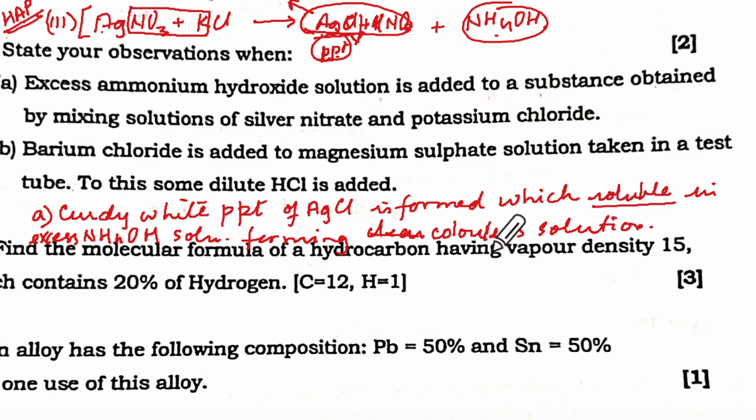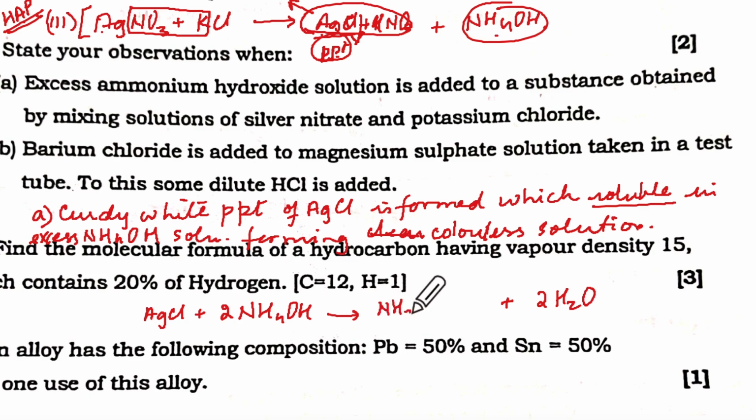Okay, and if they ask you for the reaction, it is 2NH4OH and it will give you a complex salt plus 2H2O. And what is the compound here? Diamine silver chloride, NH3 twice Ag, which is a soluble salt.